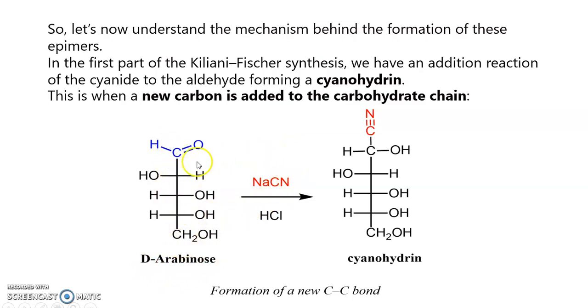Cyanide is added to the electrophilic carbon of D-arabinose, and a new carbon-carbon bond is formed. The cyanide group is shown here in red. That means one carbon is added by addition of cyanide to the carbonyl carbon of the aldehyde.